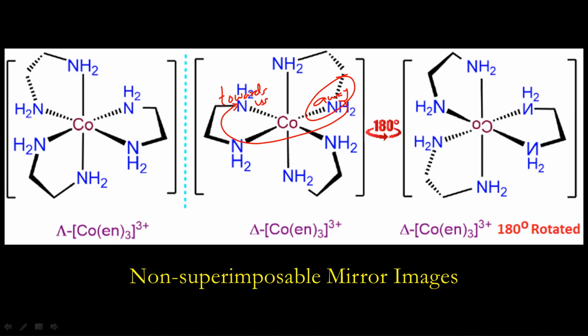Whatever is here away from us, when you rotate it by 180 degrees, this will be towards us now. Is that clear or not? After rotation by 180 degrees, this part will actually be towards us.